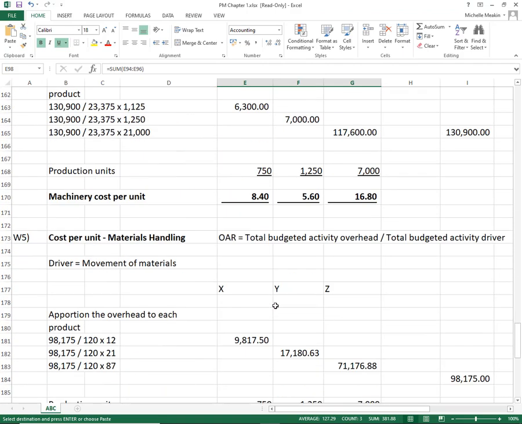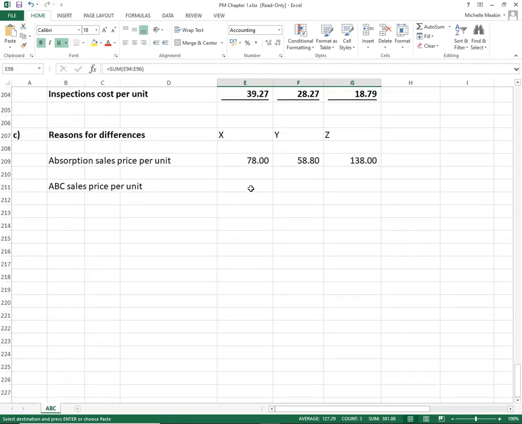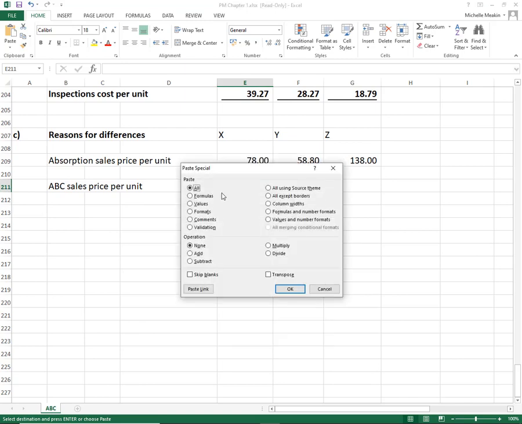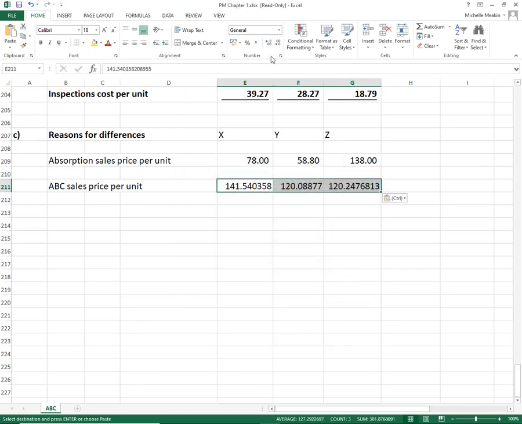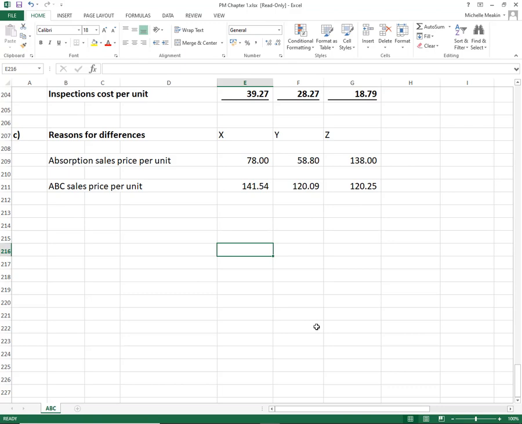$141.54, $120.08 and $120.25 respectively. What's happened here? Well, if we think about X and Y straight away, X and Y would be underpriced.